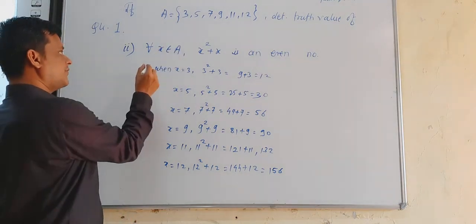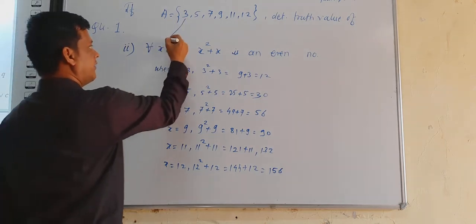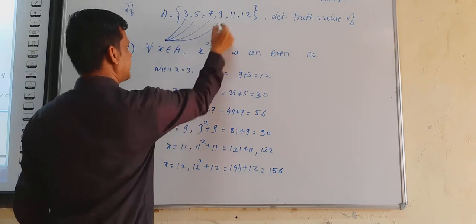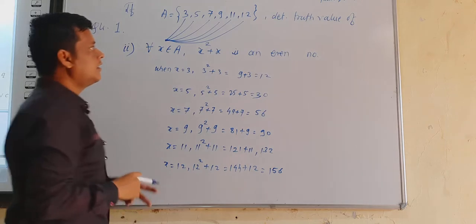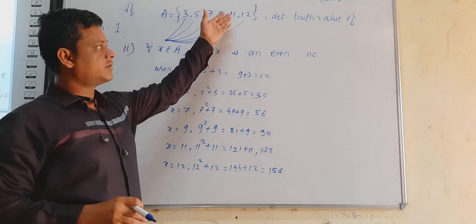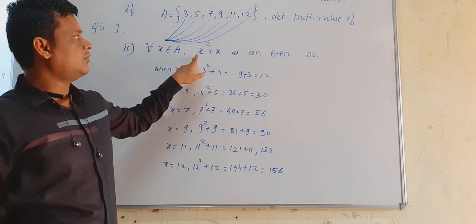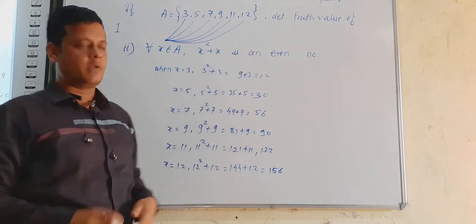Means we have to substitute value of x as 3, 5, 7, 9, 11, 12. For all these values, after substituting the value, the number formed is an even number. So we check one by one.